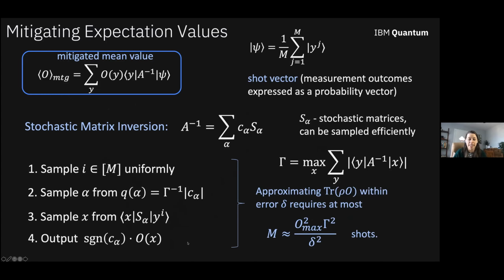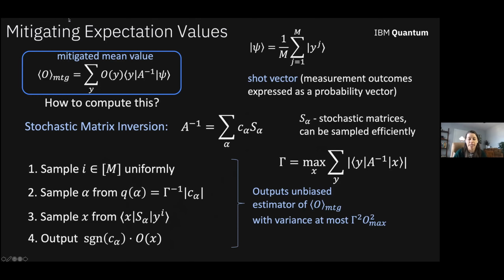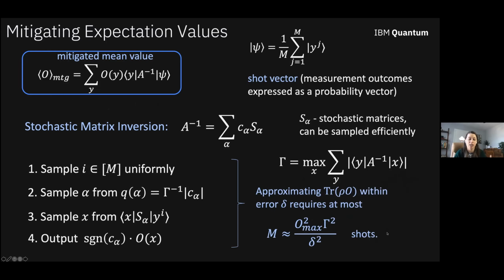An important point here is that we can define a noise strength parameter, gamma, which is related to the maximum transition rates that would be in this inverse matrix. And this noise strength defines how bad our variance is, and that tells us how many shots we need in order to compute mitigated mean values.